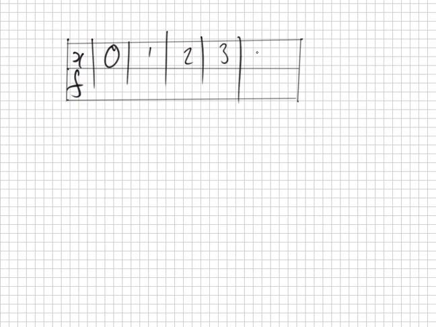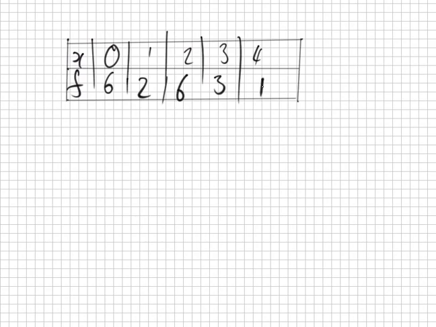Okay, what do you do if your data is in a frequency table like this? So 0, 1, 2, 3, 4. 6, 2, 6, 3, 1.